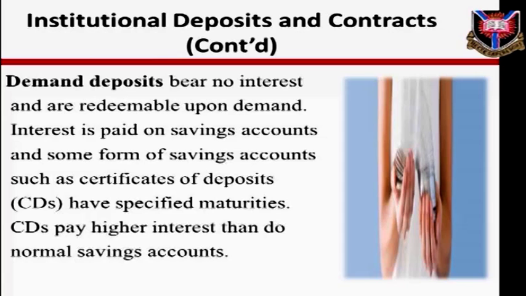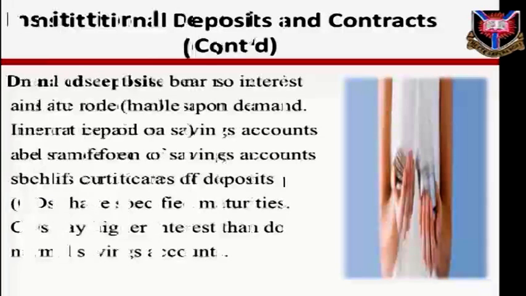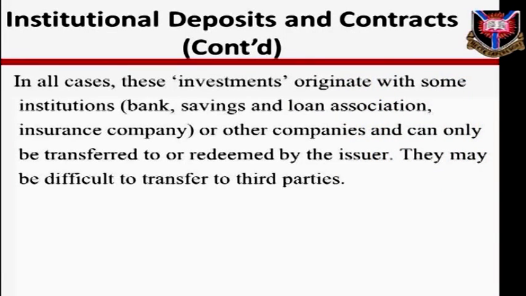CDs pay higher interest than do normal savings accounts, and penalties are exacted if withdrawal is made before the maturity date. Certain types of life insurance policies build up what is called cash surrender value.